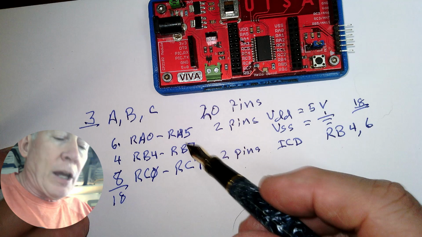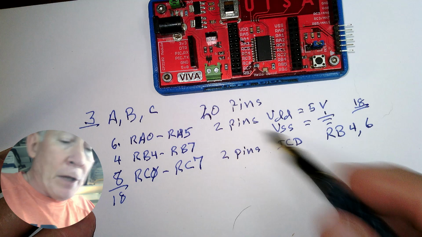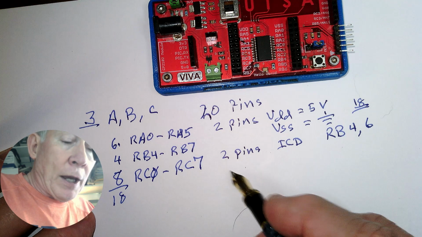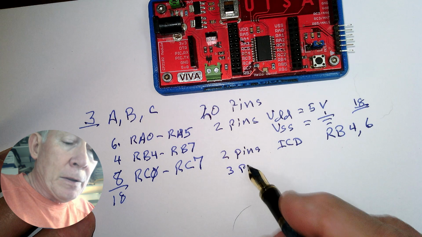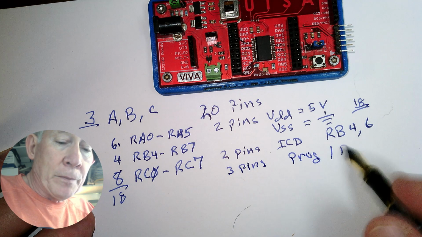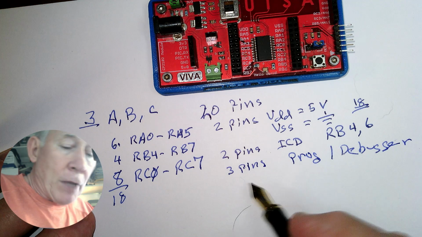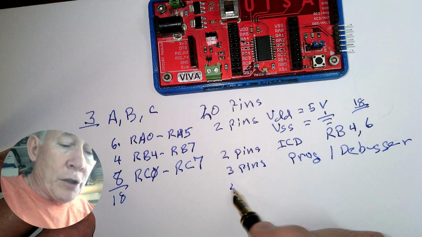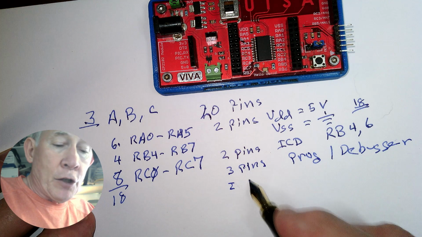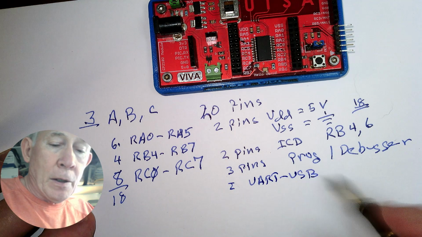But some of them we can't use. We have, of course, 2 pins that we're going to use for our display, so we can't use those. We have 3 pins that we use for our programmer debugger, so we're not going to use those. We have 2 pins we're going to use for our UART to USB dongle.